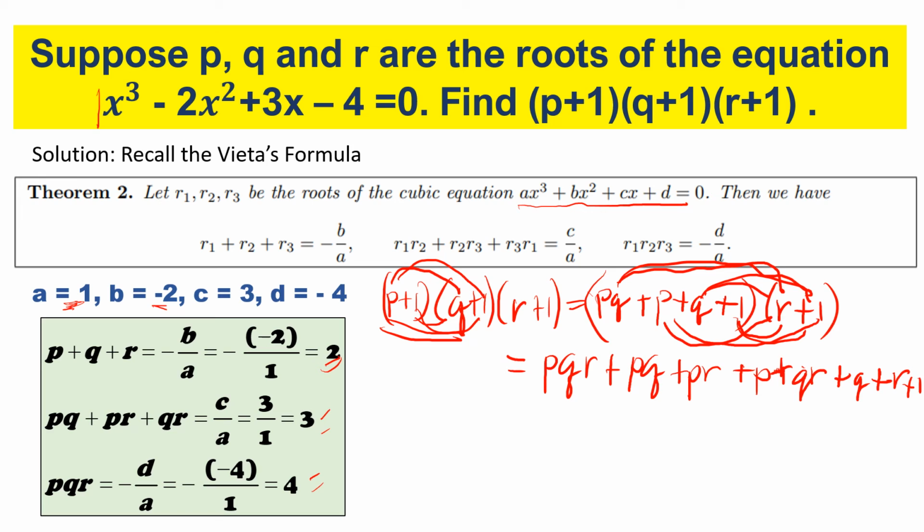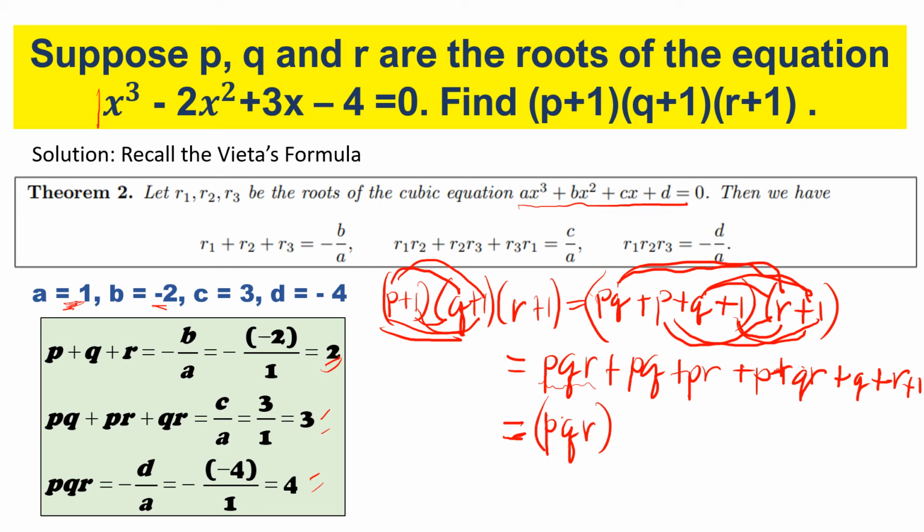Since PQ, PR, and QR form one group, and P, Q, R form another group, what we'll do now is regroup everything.